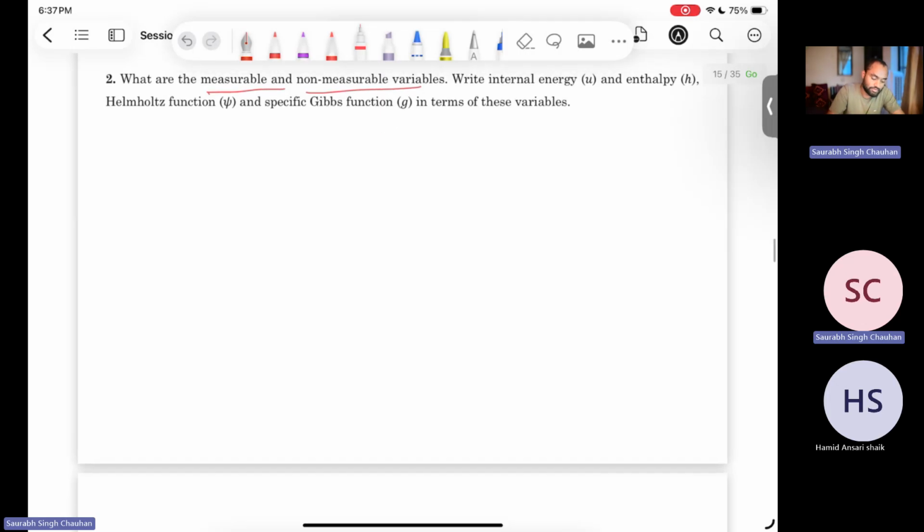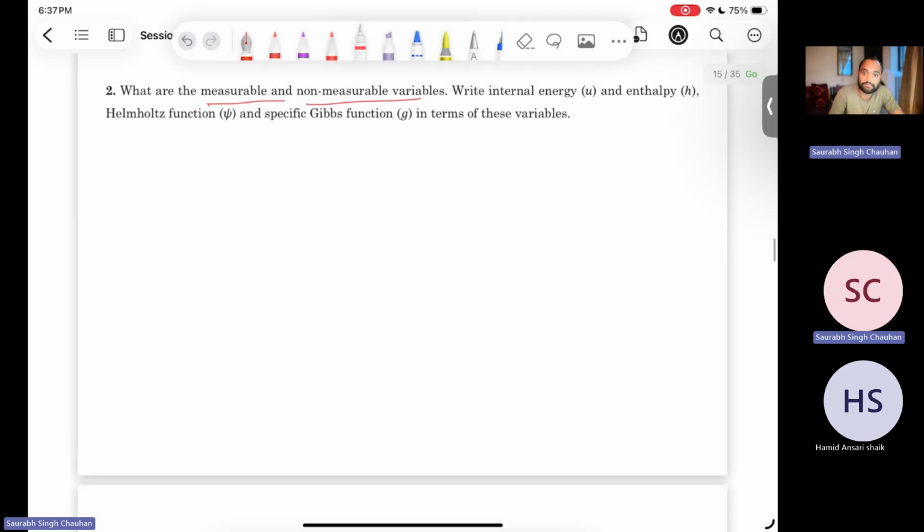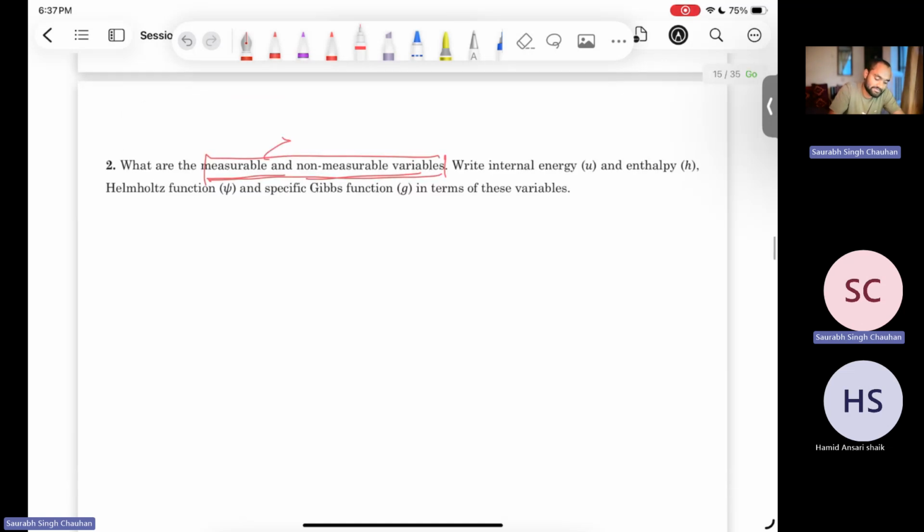If you have any doubt, we can write them again. It is not asking you to write explicitly in terms of measurable or non-measurable variables. It is saying that there are two types of variables, basically pointing towards the fundamental variables: pressure, volume, temperature, and entropy.